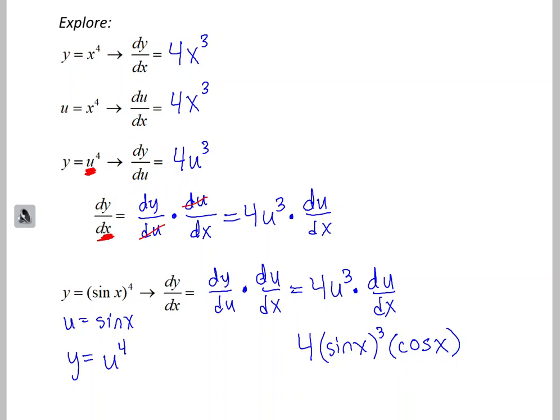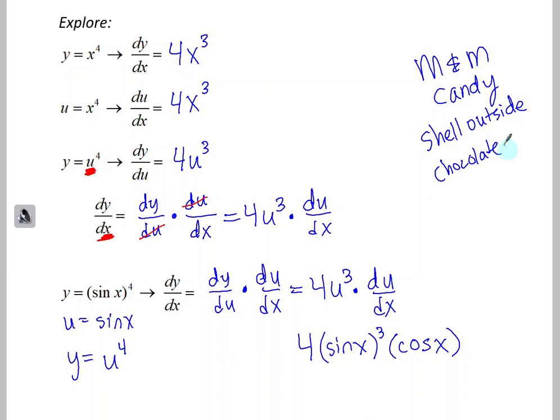Now, I like to think of this kind of like eating an M&M candy. Those are really yummy. You have the shell on the outside, which gives you the pretty color, and then you have the chocolate on the inside.